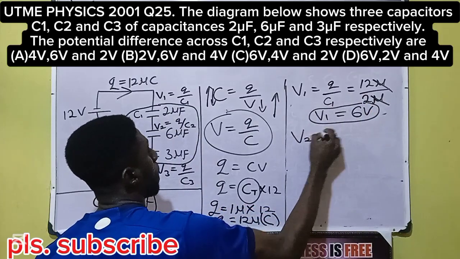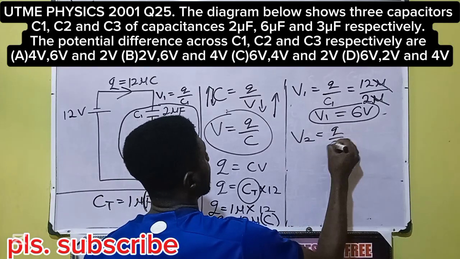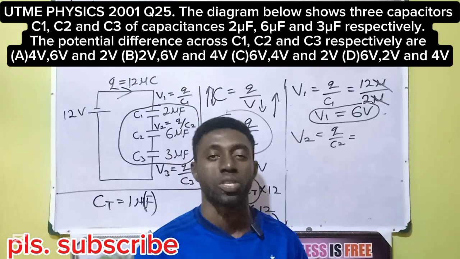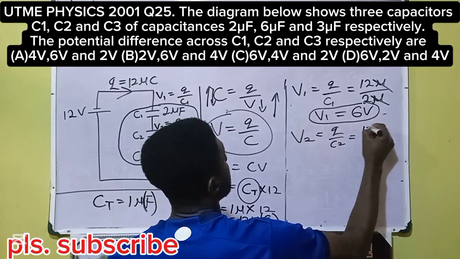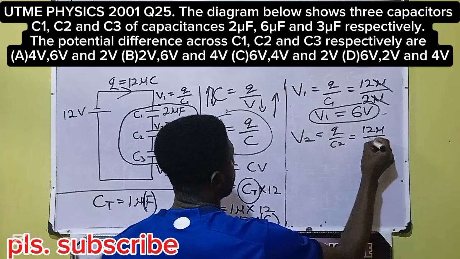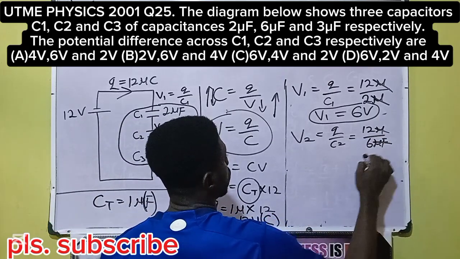Then V2. V2 will be Q again over C2. Recall the charge is the same all through because this is a series connection. Then we'll have 12 micro again over 6 microfarad as the capacitance. Micro cancels micro.